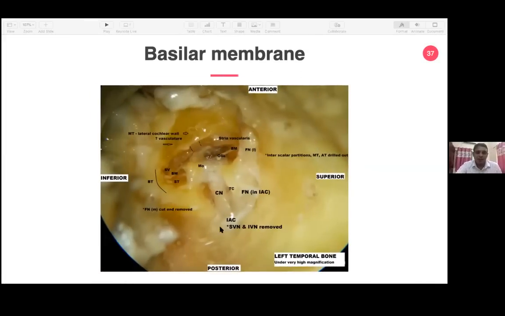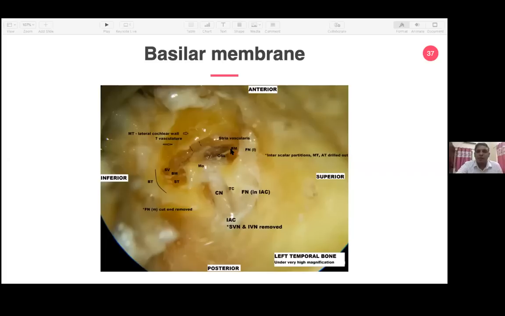Now, once you identify the basal turn of the cochlea, you can differentiate between the scala tympani and the scala vestibuli. This is the osseous spiral lamina, which is towards the modiolus, that is more medially, and the lateral most portion is the basilar membrane. This basilar membrane is the one which actually vibrates.